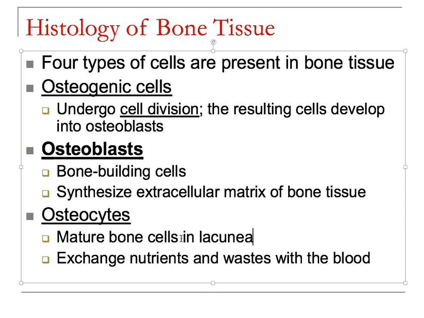Anyway, whatever. These guys are very much alive inside these lacunae, and they're exchanging nutrients and waste with blood, meaning the interstitial fluid surrounding them. And what's even more interesting is all the osteocytes have processes that stretch off of themselves, and they are in contact with one another, and that's how they communicate.